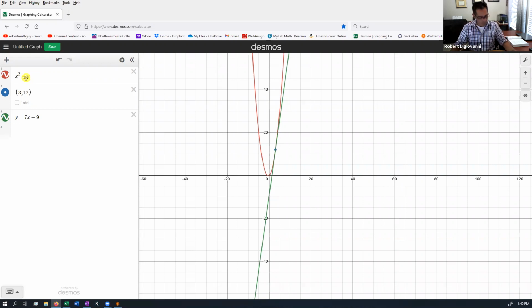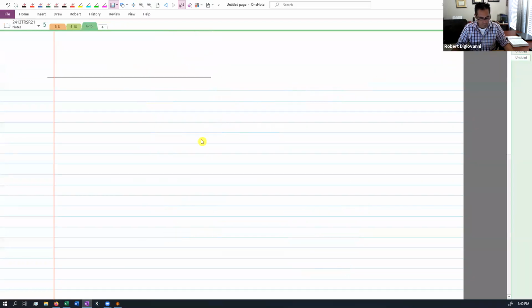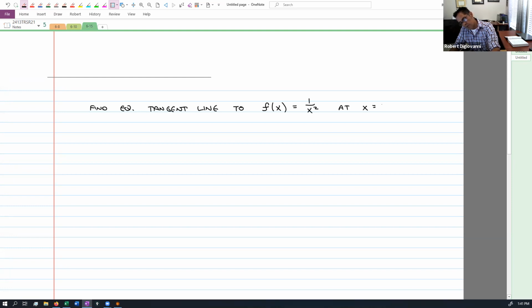Sure, let's do another example. Find the equation of the tangent line to the function f of x equals 1 over x squared at x equals 2.